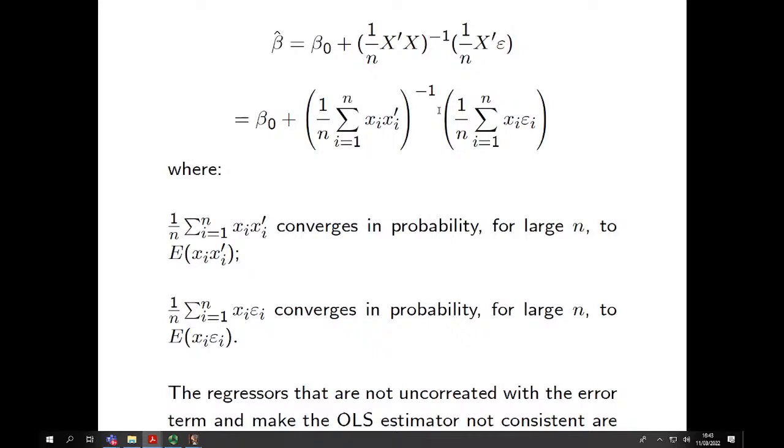But if this object is different from 0, so we have correlation between some of the regressors and the error term, we are in trouble because regardless of the length of the sample, even if we send n to infinity, the OLS beta estimator will be the true value plus something which does not disappear. It will remain there. We have a bias, also asymptotically, also when n goes to infinity.